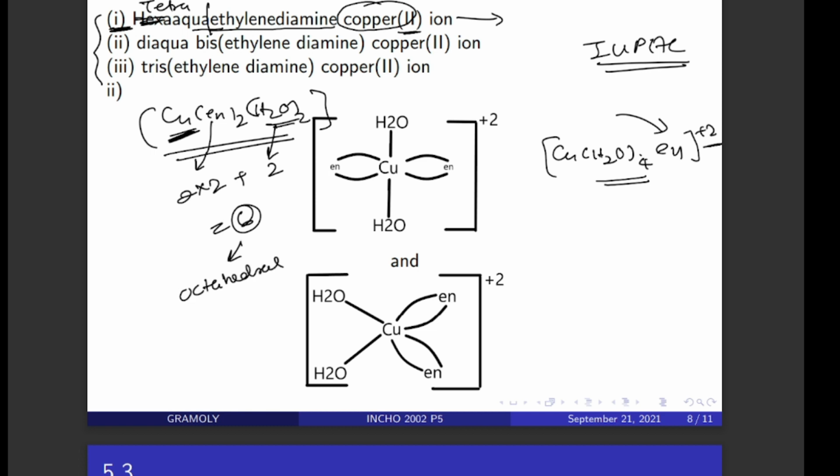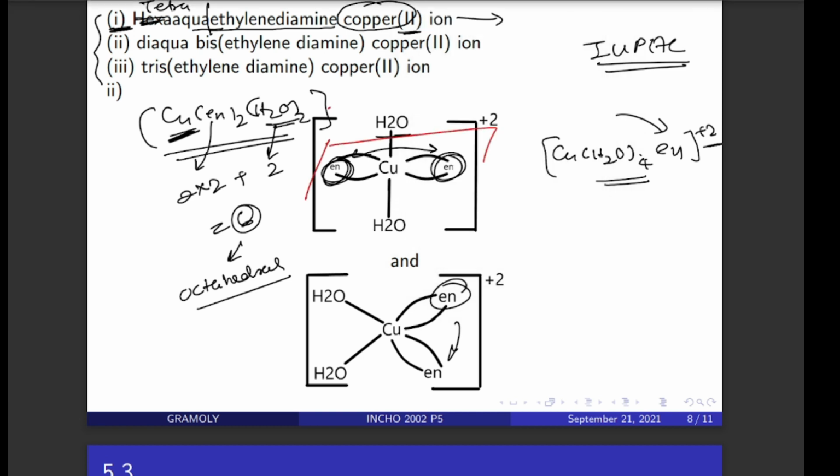In this octahedral state, there could be 2 possibilities: either the 2 en ligands lie in the trans position, or they are in the cis position. If they are in trans position, there would be a plane of symmetry which would dissect the molecule into equal halves. It won't be chiral. Not chiral means it is not optically active, or optically inactive.